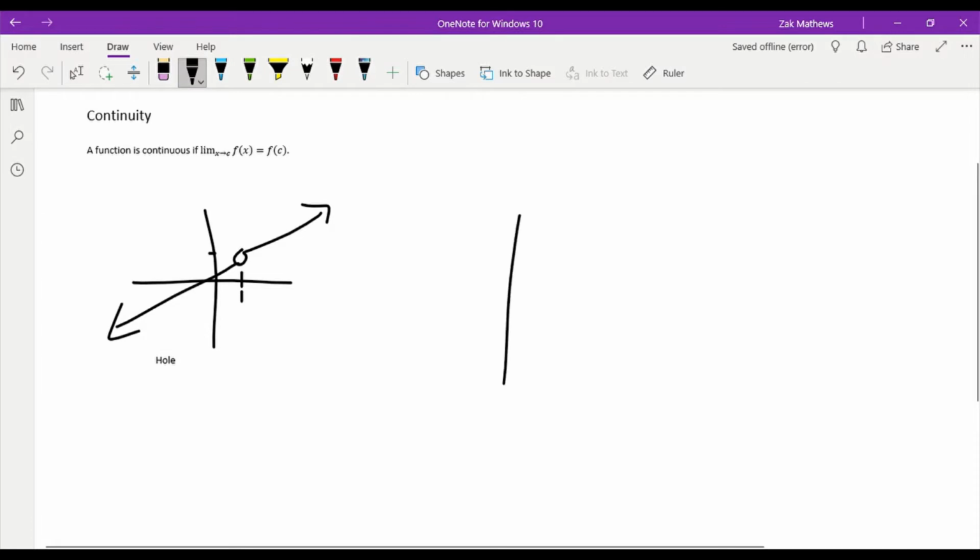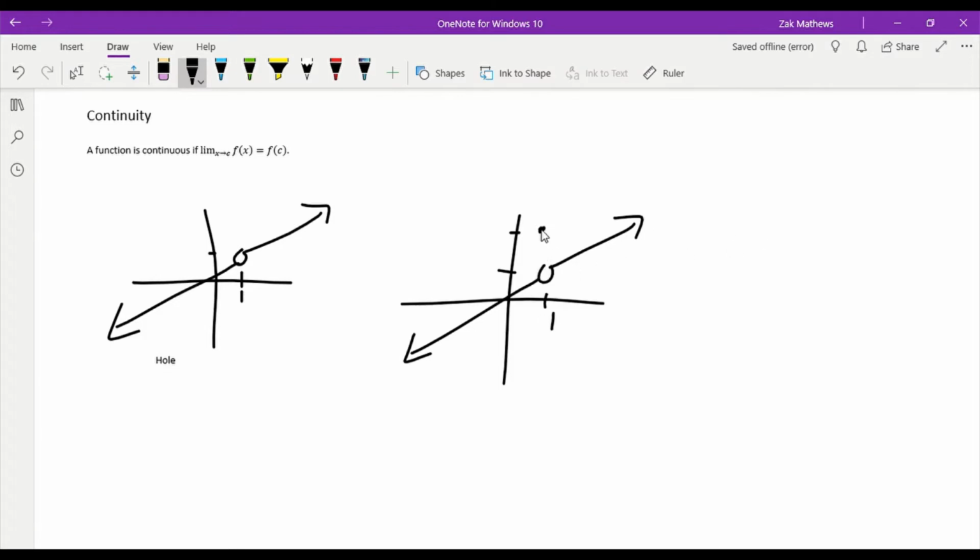Let's look at another slight variation on this. Again, we have what appears to be a hole, but this time I'm going to place a function value above it. So we can see that at whatever x value this is, say 1, we have a limit.